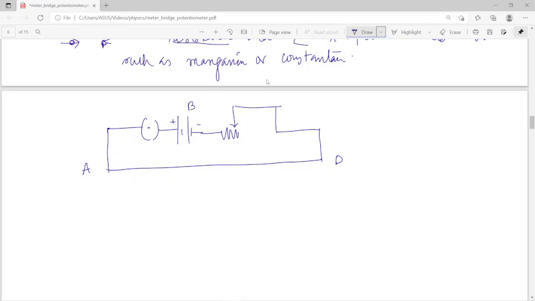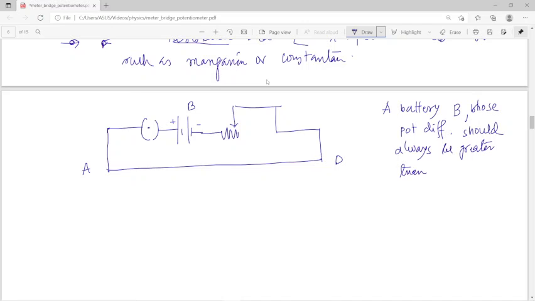What I am saying is that we connect a battery B whose potential difference should always be greater than any voltage under measurement.